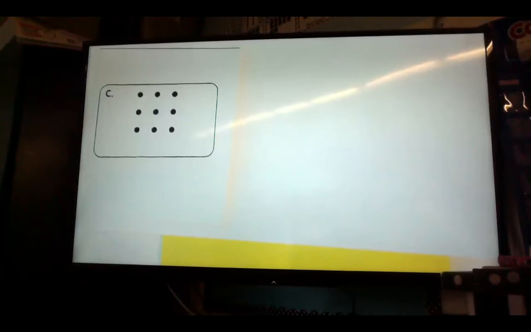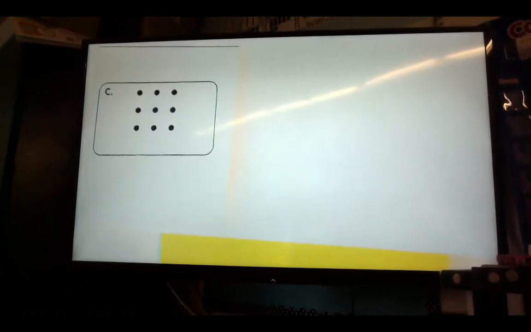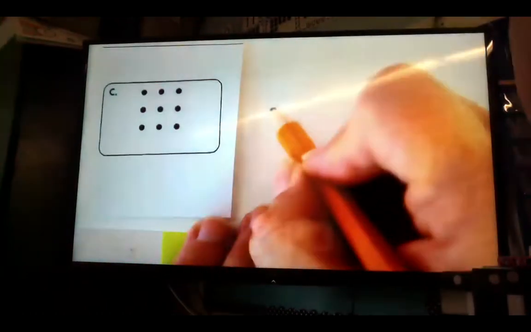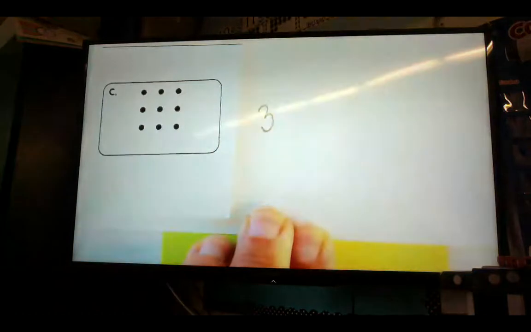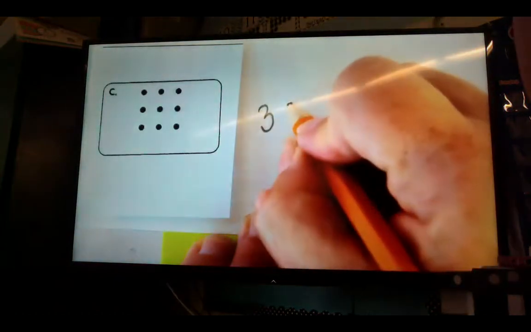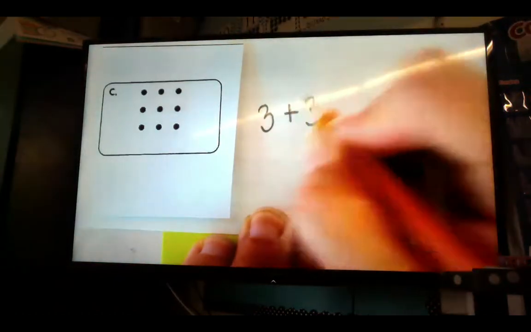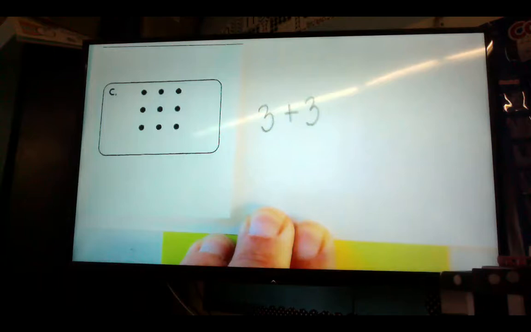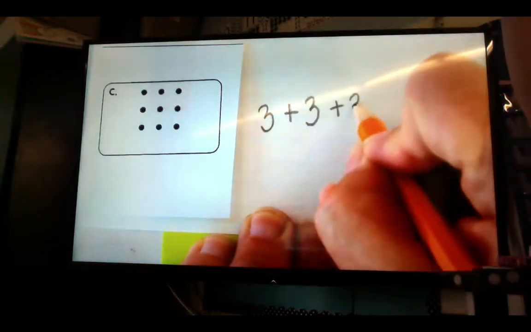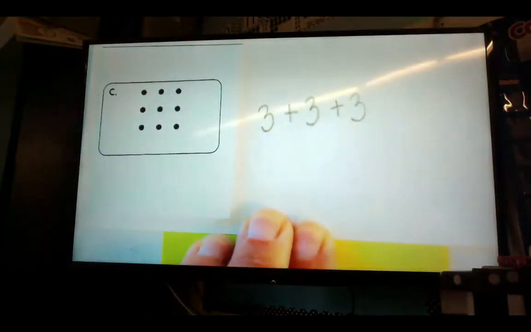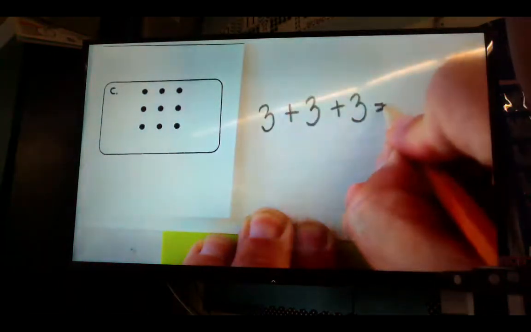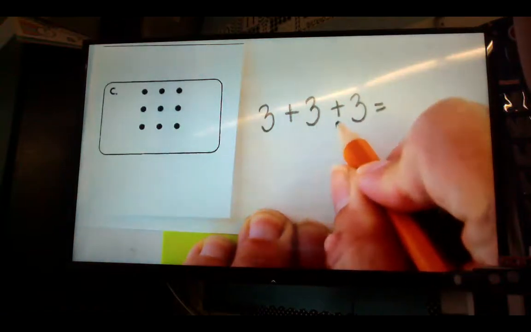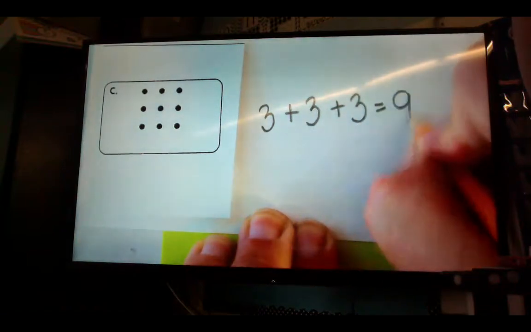I'm going to write an equation to match that. 3 dots on the top, 3 more dots in the middle, and 3 more dots on the bottom. 3 plus 3 plus 3 equals 9.